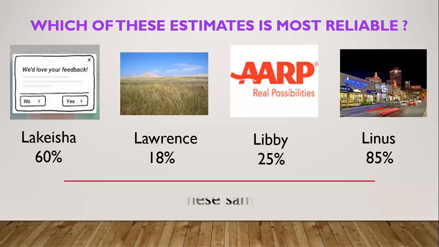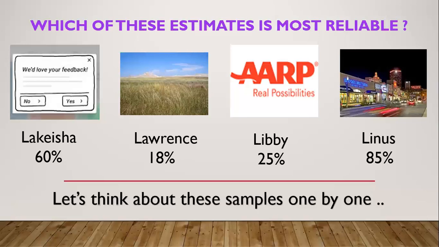Let's think about those sampling methods one by one, and we'll observe some important things about them. Perhaps you've already decided which one you think is most reliable. Let's take a look at some statistical terms.